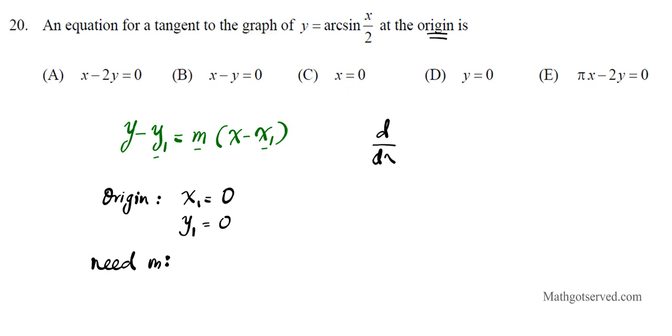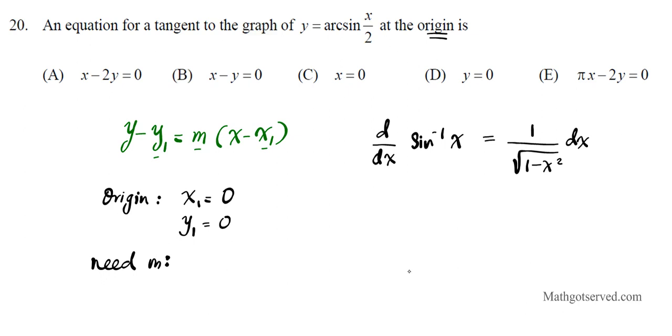To find m, we have to differentiate this function, but we need to remember that the derivative of the inverse sine of x is 1 over the square root of 1 minus x squared.